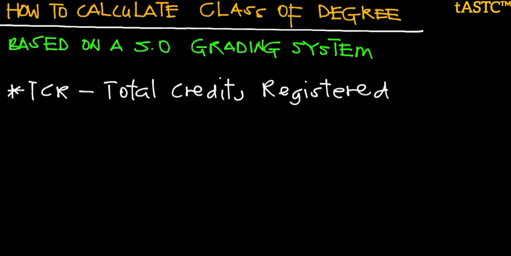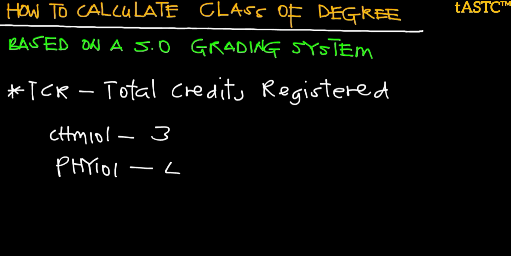So let us say that you took a course, Chem 101, and that had a credit load of 3. And you took another one, let's say Physics 101, and that had a credit load of 4. These individual ones could be called credit units or credit loads. Now, if I added 3 to a 4, that will give me 7.